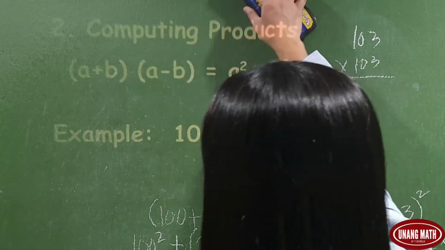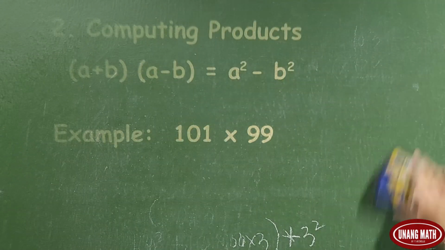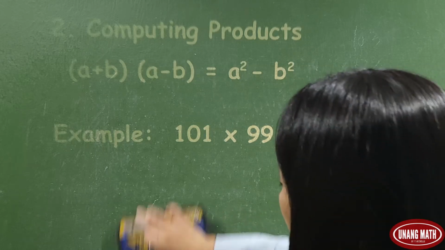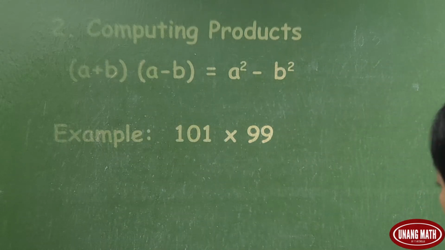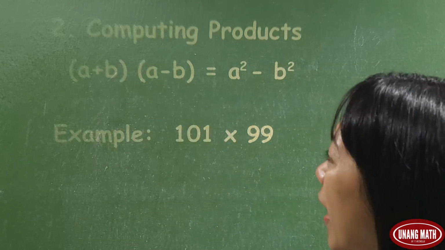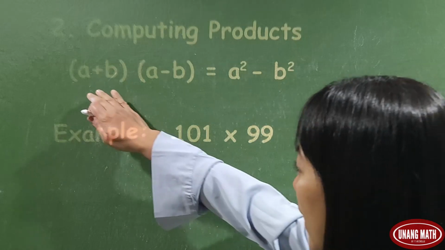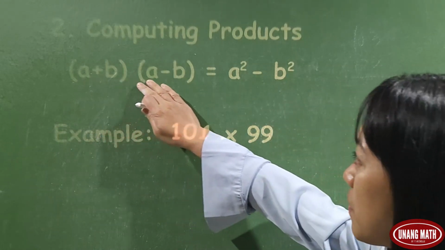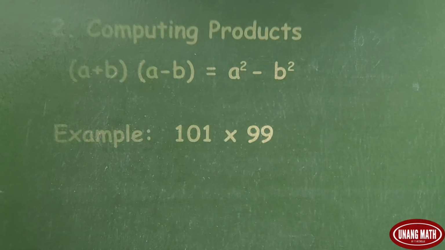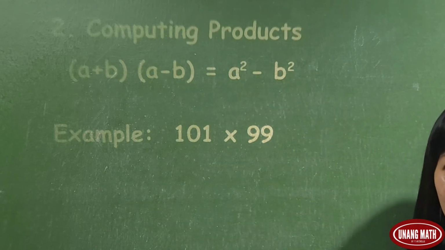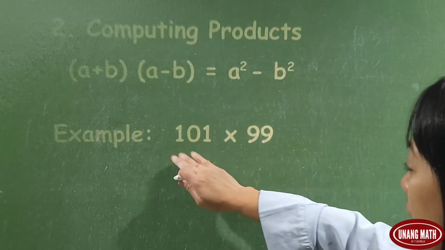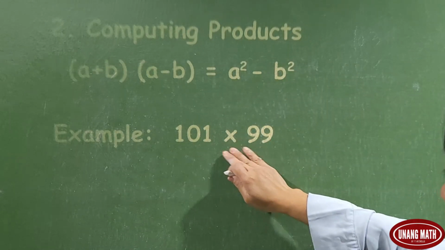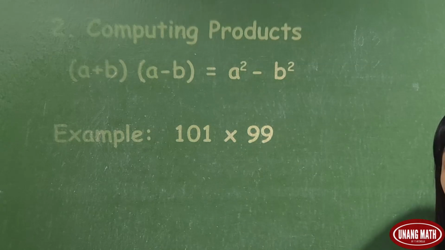Okay, this time let's move on to computing products. When we are computing products, we will use difference of squares. Difference of squares has its basic form (a + b) times (a - b), which is equal to a squared minus b squared. Okay, let's give an example for you to understand this concept. Let's multiply 101 times 99 using the difference of squares.